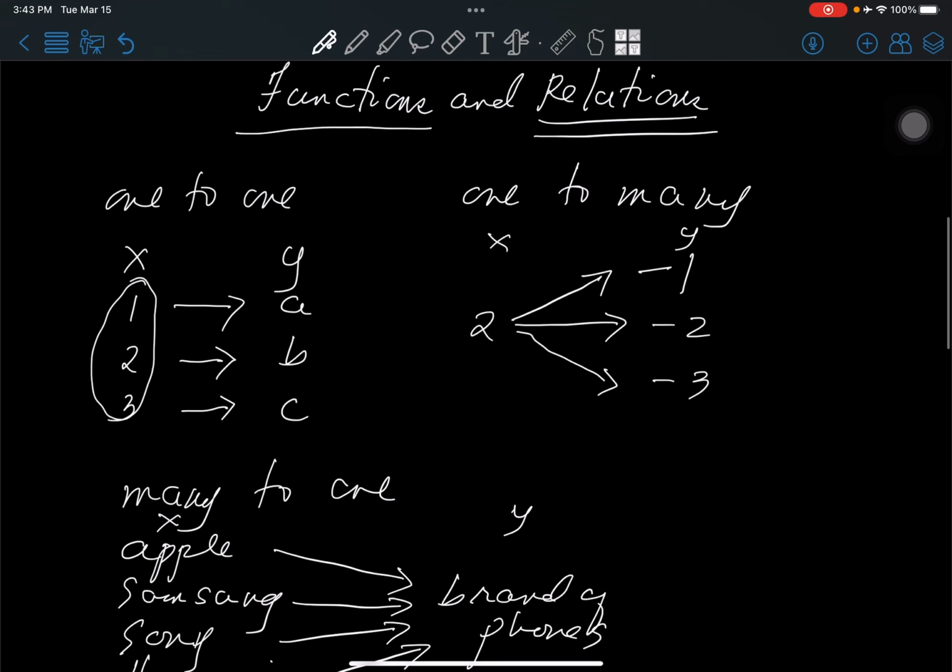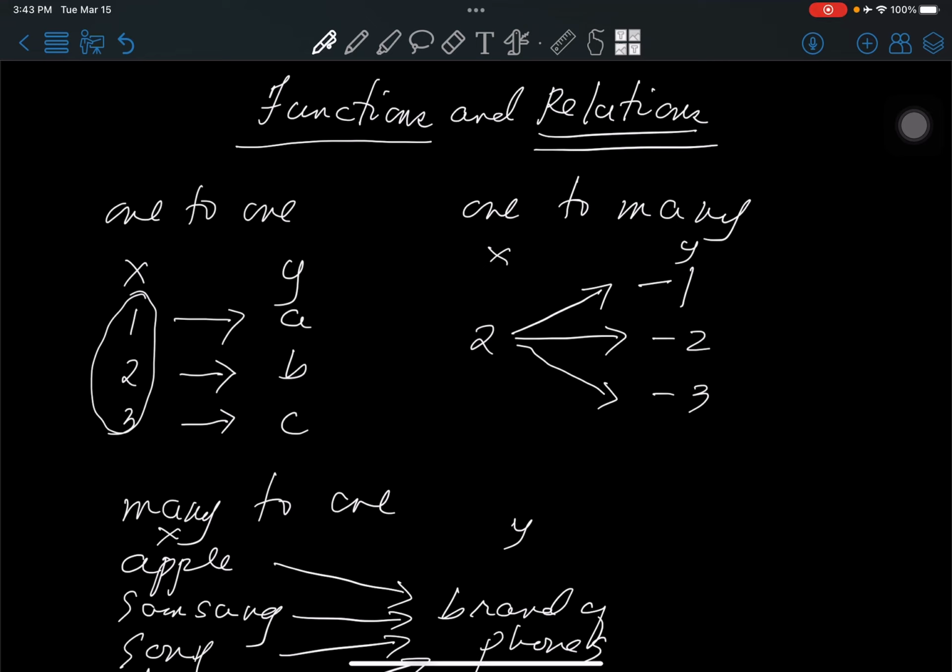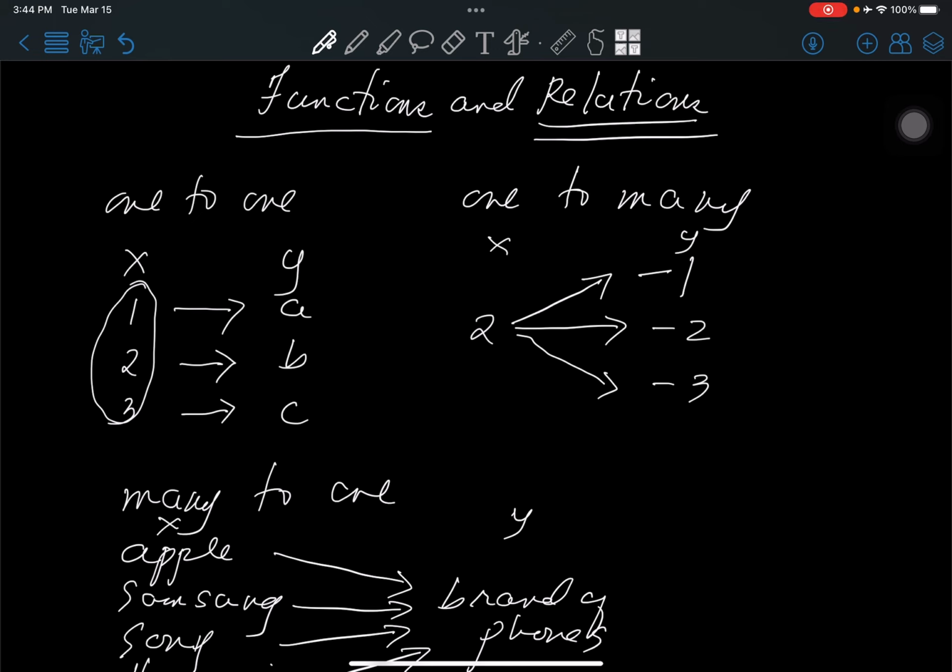Now, if we are going to relate it with functions, by meaning, a function is simply a relationship between an independent variable and a dependent variable, okay? And when we are talking about a function, there should only be a unique element for our input. Our unique value for our input is known to be our independent variable, which is usually denoted by x.